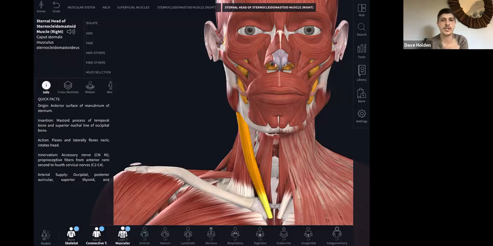But this muscle also runs at an angle, and that tells me rotation. This muscle is going to be a contralateral rotator. So when your left SCM contracts, the head rotates to the right. The left contracts and causes rotation to the opposite side. Contralateral rotation.